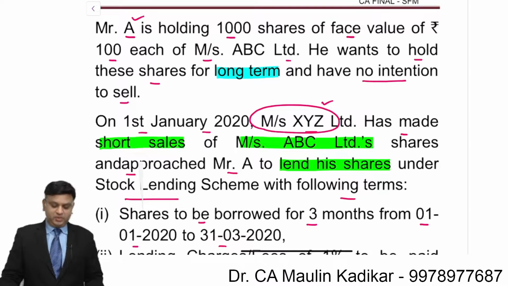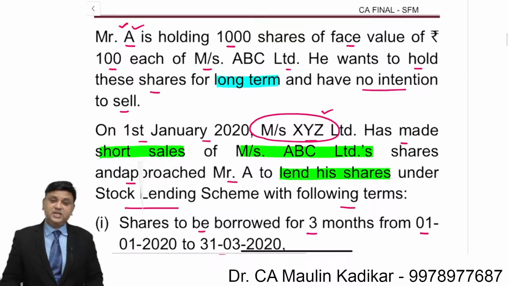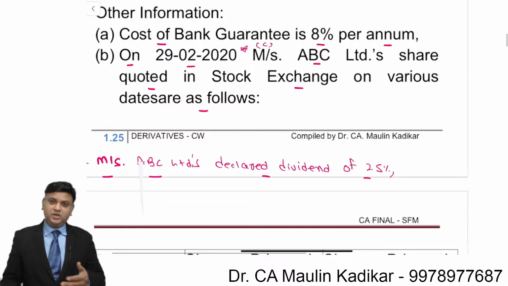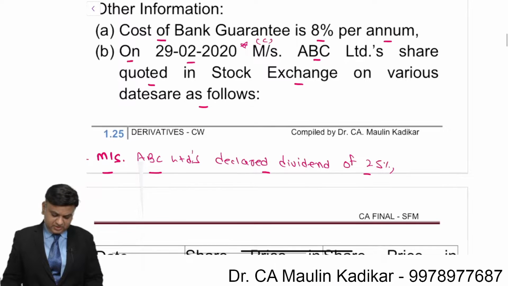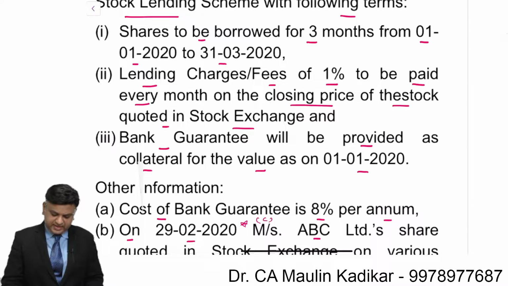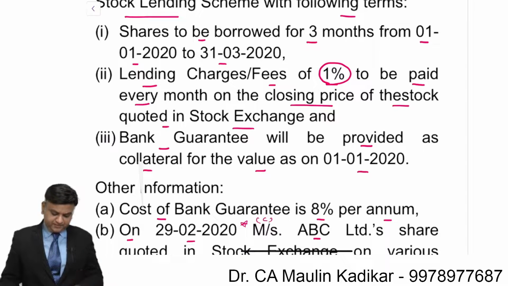So dear students, the question provides the information that Mr. A has lent stock, and for lending the stock he is going to get lending charges of 1% every month from the borrower on the closing price of the stock.